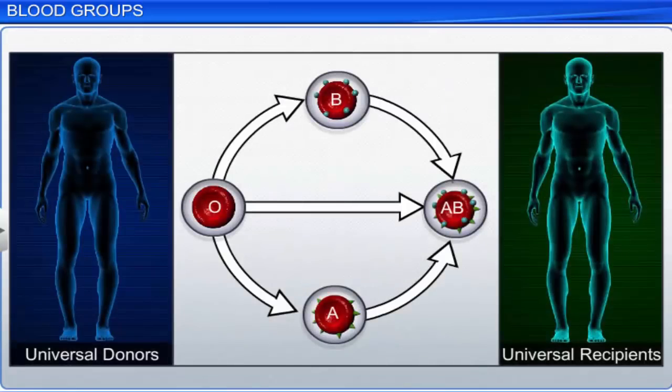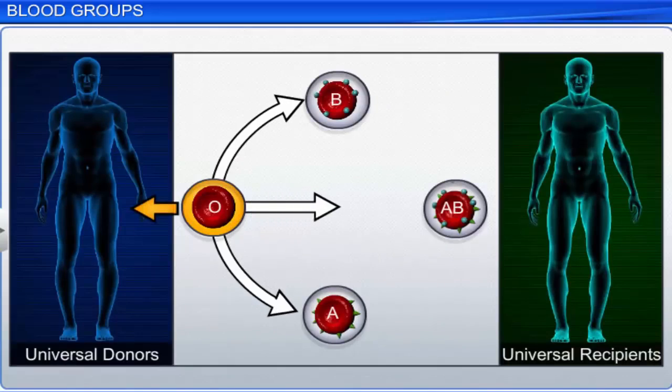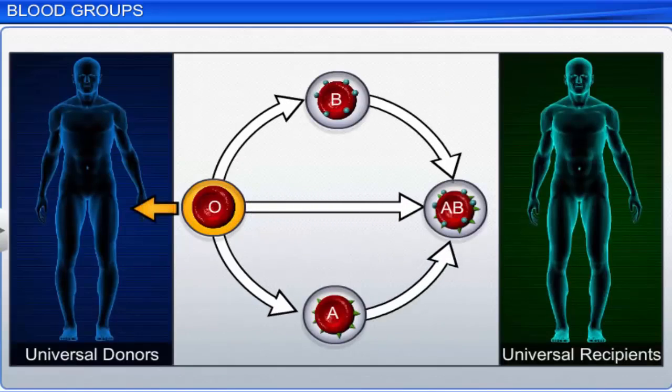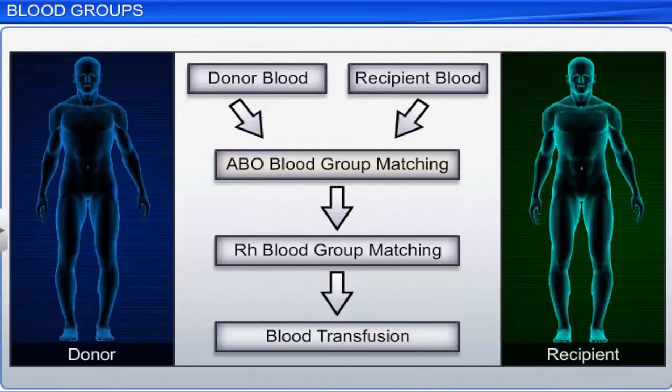Hence, individuals with blood group O type are called universal donors, while individuals with blood group AB type are called universal recipients.